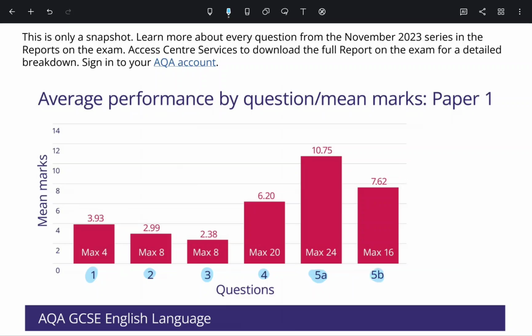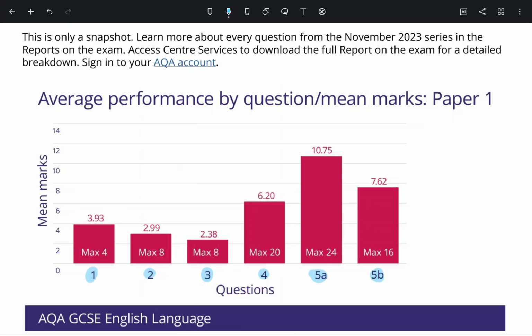And for AO6, it was 7.62 out of 16. This is something for you to be aware of, and it clearly shows you the pattern and the trends. What can we establish from the data provided by the exam board? It's something for us to look at in further detail.